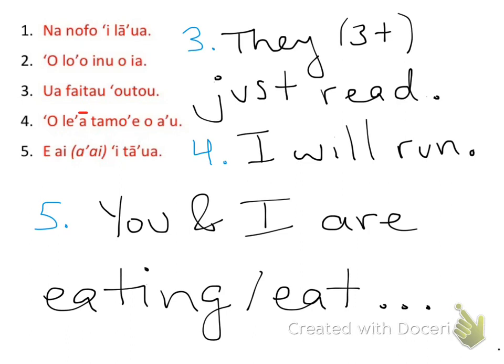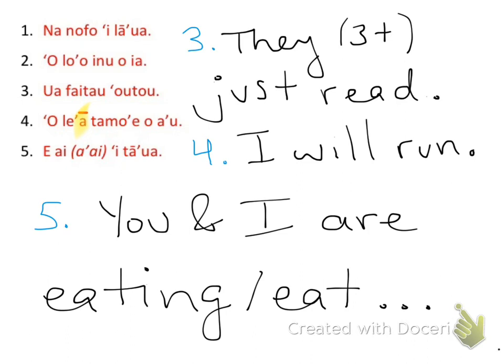Okay, so here are the answers. One thing that I need to point out is that I accidentally forgot to put a macron on this A, so if that confused you a little bit, I'm sorry. I'm not going to be too worried about it though, because if you're reading in Samoan, a lot of times they neglect to put the macrons on.